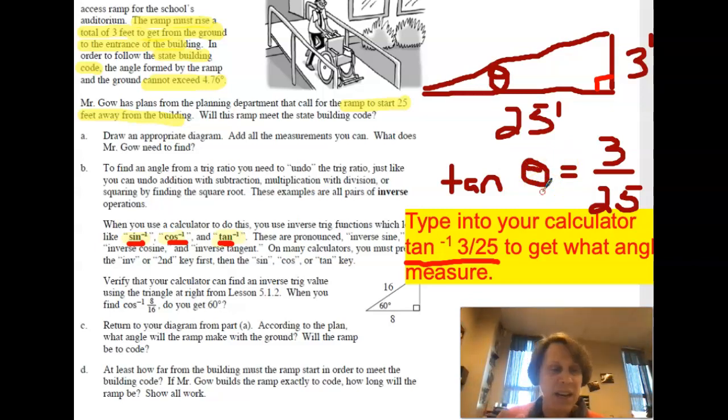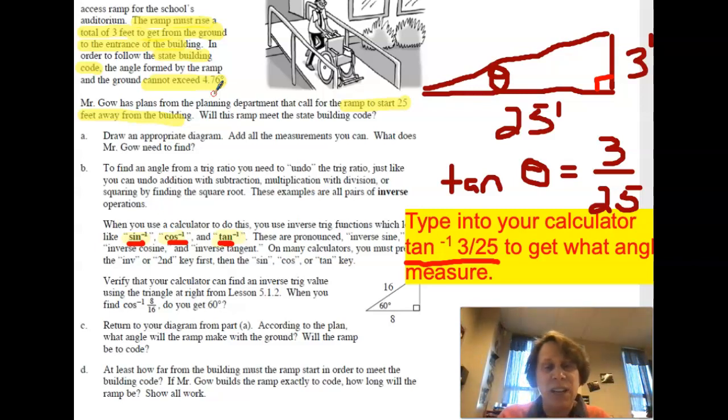When you type that in, I think we said you get about 6.84 degrees, which is definitely exceeding that 4.76 angle. So no go with this ramp for what they're trying to do outside the school's auditorium, if you happen to catch that.